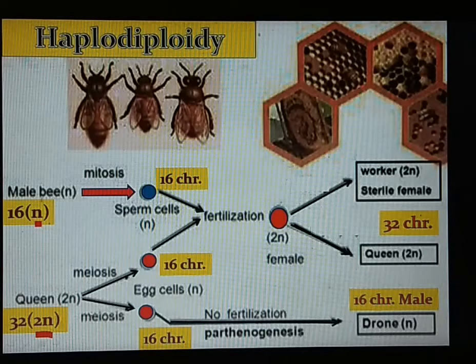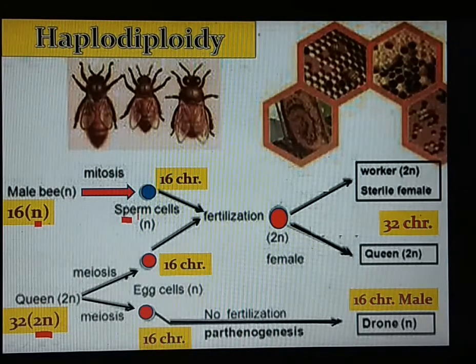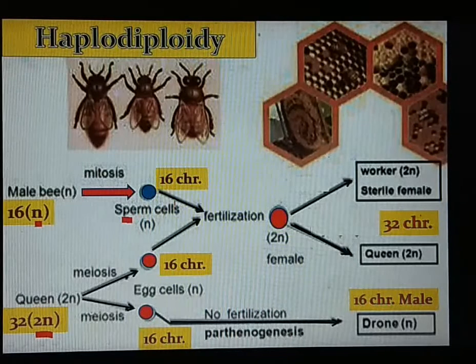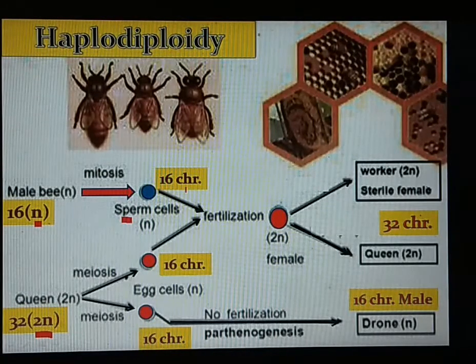So here males will always be haploid and females will always be diploid, okay. Male individuals, since they are already haploid, will undergo mitotic division to release the gametes, or sperms. So definitely the gametes or sperms also will be haploid with the same number of chromosomes, right?